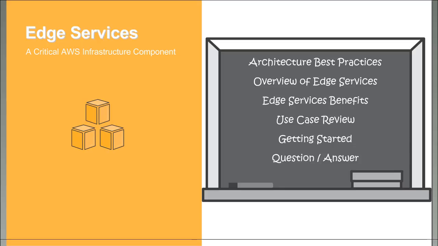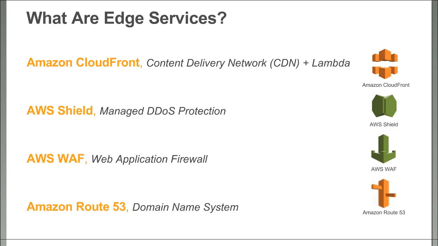I'm not going to go into each of those application best practices in depth. What I will do is ask you to make sure that after this webinar you refresh and take a look at those best practices, but keep in mind what we just went through as we talk about edge services. So what are edge services?